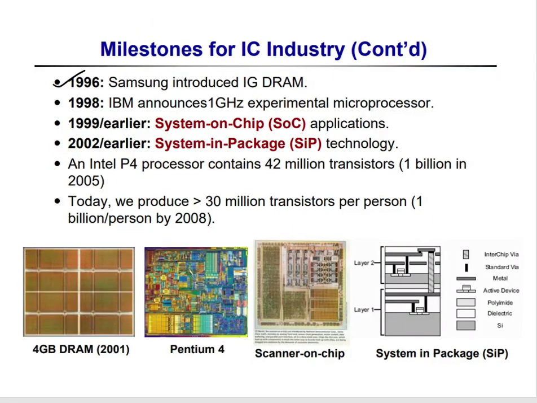Then 1996, Samsung introduced DRAM. Then '98, a microprocessor by IBM. Around 1999, SoC came. Around 2002, SiP technology came. After that, we have also achieved many more things.